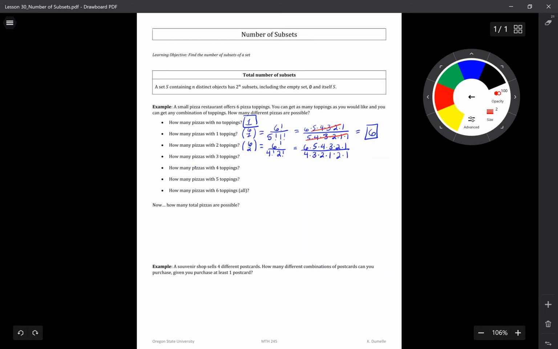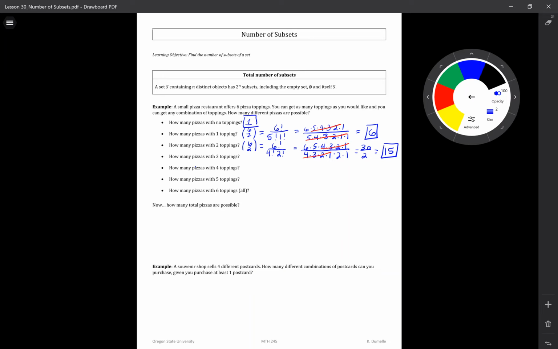Let's see what cancels out here. So all of our 4, 3, 2, 1s cancel on the top and the bottom. And I am left with, on the top, 30, on the bottom, 2. So this is 15. There are 15 ways to choose a pizza with 2 toppings if I have a total of 6 toppings to choose from.